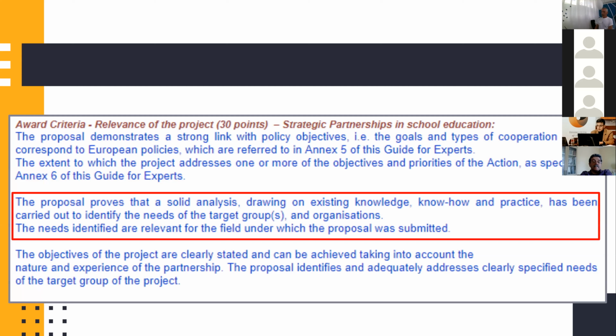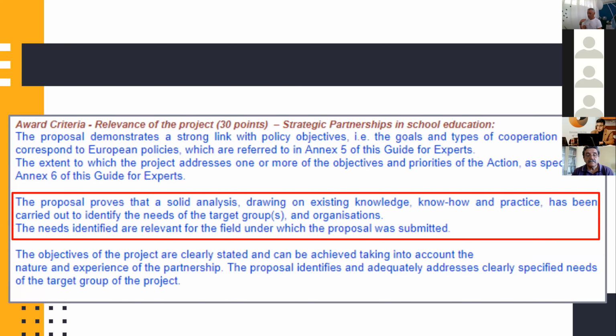So why is this so important? Because the relevance of the project always requires that you really do a solid analysis. Here is what you will find: the guide for experts, and the guide for experts is the Bible of the evaluators. They practically need to know everything about this guide.